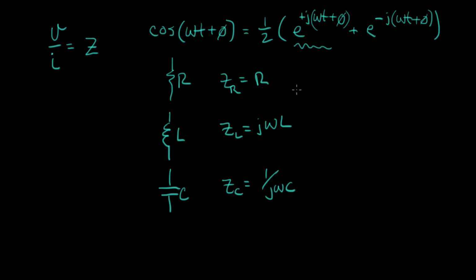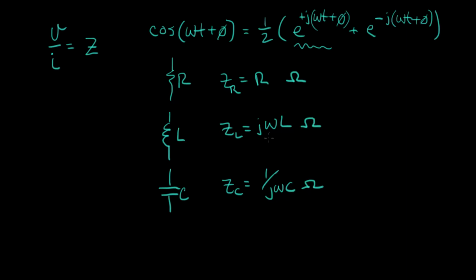And the units of these are in ohms. R is measured in ohms. That's the normal Ohm's law. And we use the same units for impedance of inductors and capacitors. So this is in ohms and this is in ohms. That may seem a little funny because there's this frequency term in here, but this is what it is.